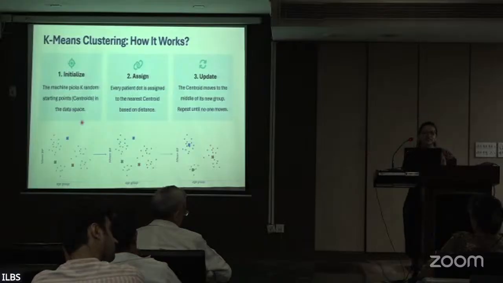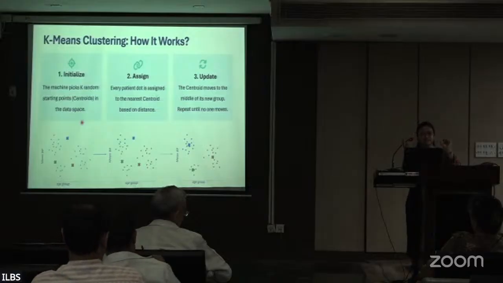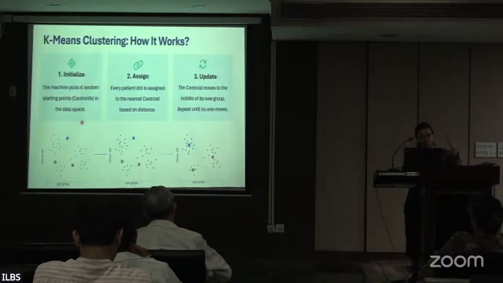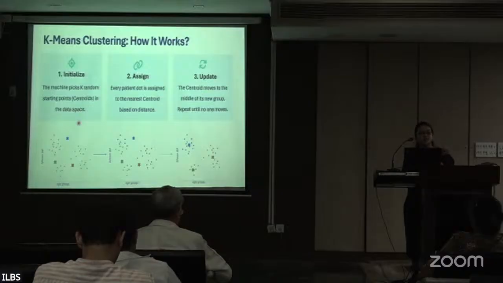Here, everything can change. Depending on the distance, every point can go to another centroid, another cluster, through the iterative process. A sample starting with cluster 1 may go to cluster 3 at the end. But a decision tree is not like that.